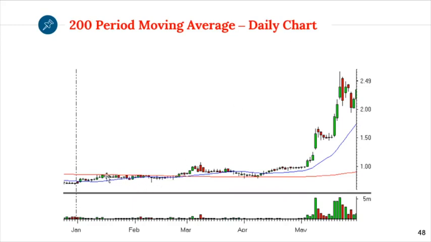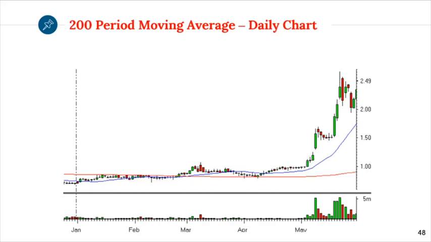Look at how tight this pattern was. Broke out, and then luckily in this case it didn't keep going. It actually continued to base. Notice that curling moving average just above the 200, and then look at the move. Beautiful.